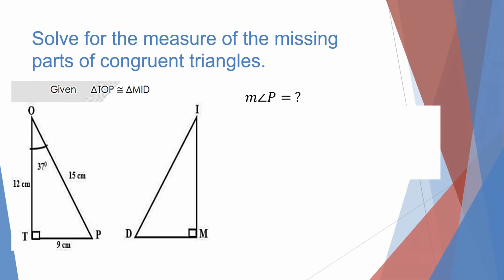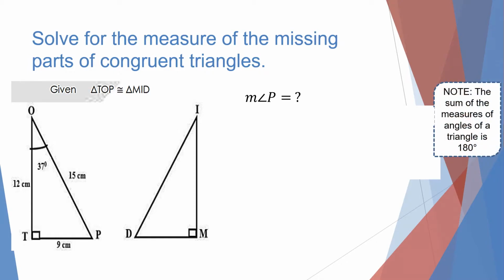How are we going to find the measure of angle P? So, take note that the sum of the measures of angles of a triangle is always 180 degrees. So, lahat ng triangle, kapag pinag-add-add nyo lahat ng measures nila, equal sila sa 180 degrees.